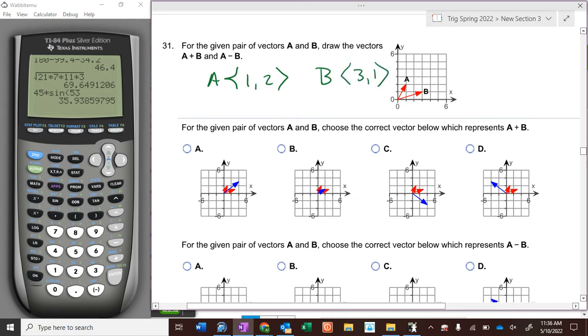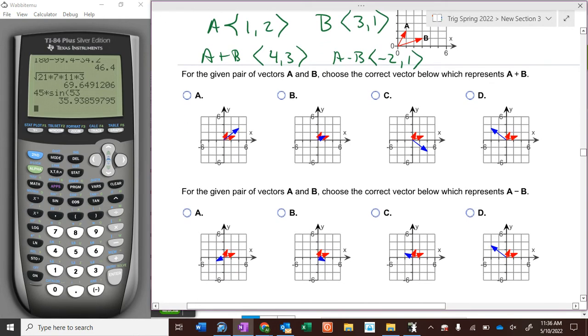If you add the two vectors, what's A plus B? 4, 3. What's A minus B? 1 minus 3 is negative 2. 2 minus 1 is 1. So A plus B should end at 4, 3, which is this one. A minus B should end at negative 2, 1, which is this one.